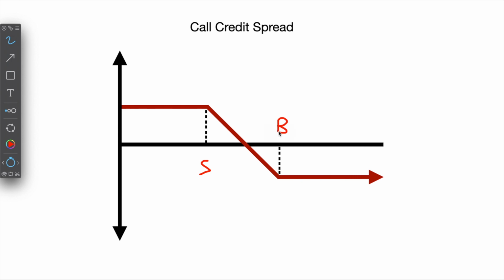So basically, when you trade that spread, you're going to sell a call, and at a higher strike you're going to buy another call. It's going to give that diagram at expiration, meaning that when you do a call credit spread, you're hoping for the market to go down. If you were just selling a naked call option, you would have unlimited risk.